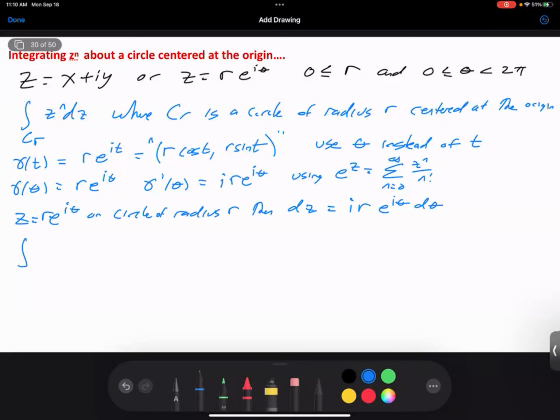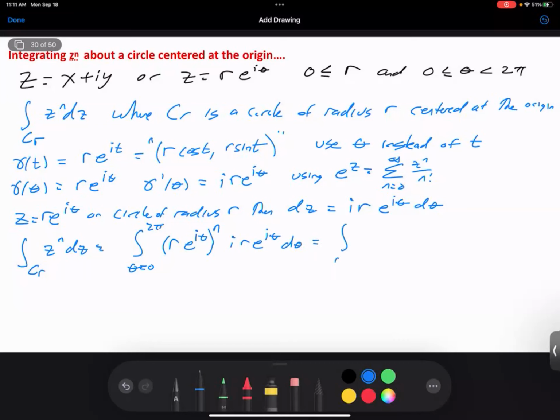And so the integral along the curve of z to the n dz would be the integral as theta goes from 0 to 2 pi of r e to the i theta to the n, and then dz is going to be i r e to the i theta d theta.